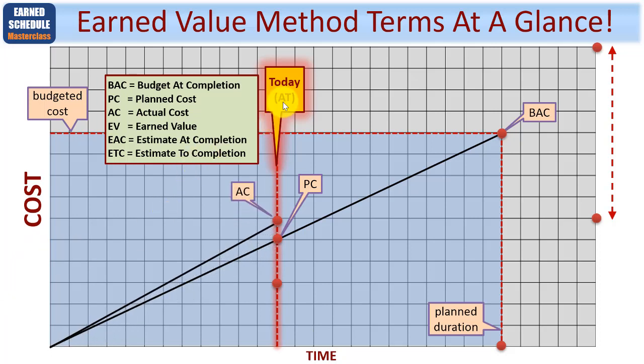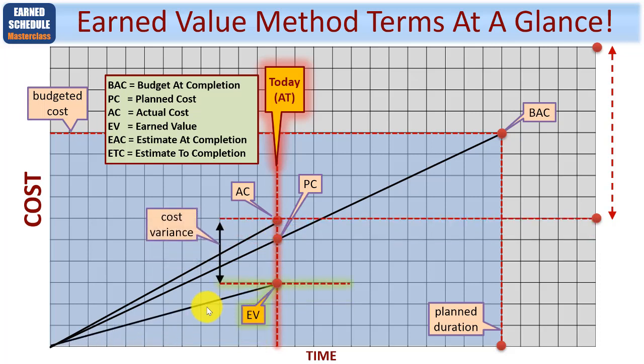Let's assume, since we're at this point in time, you've been capturing the actual costs. Remember, I'm looking at earned value here rather than earned schedule. And I've shown here that actual costs are greater than those originally planned. And let's also assume that this line here shows you your earned value. As you're probably familiar with, it's the earned value metric that is your point of reference. So when you look at actual cost and planned cost, you'll actually be comparing them to earned value.